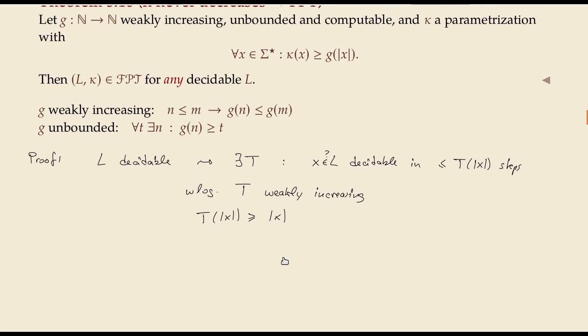Now we want to show that this language can still be decided in FPT, which means that there must be some way to hide this potentially humongous t inside the f of k part. So the t can be large, so we don't know anything about it, so we have to hide it in the f of k part of the FPT runtime bound.